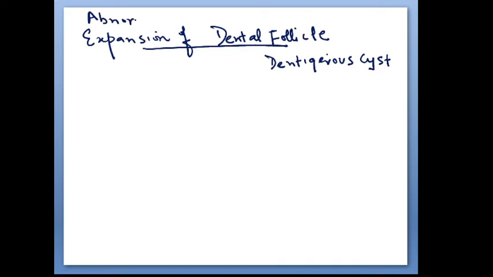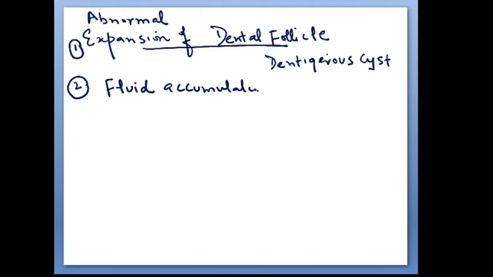So this is an important thing about the dentigerous cyst, about its origin. Or if there is fluid accumulation in the residual epithelial cell layer, it gives rise to a dentigerous cyst.